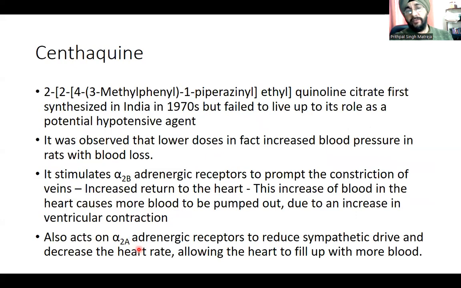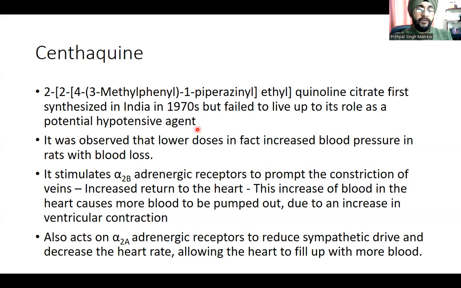Another drug that has been found to be quite interesting and has recently been approved by the DCGI is canthaquine. Canthaquine is 2243-methylphenyl 1-piperazine ethyl quinone citrate, and this drug was first synthesized in India somewhere around the 1970s, but it failed to live up to its role as a potential hypotensive agent.